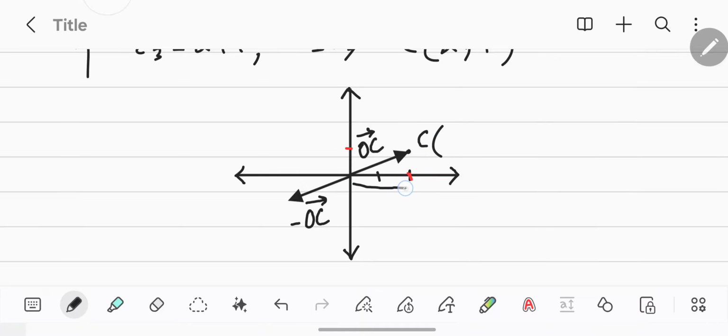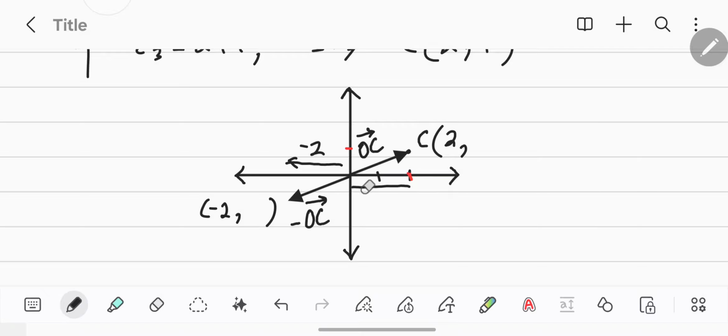First it went to 2 points, but for the opposite vector I have to go till 2 points with negative, so here I will write -2.